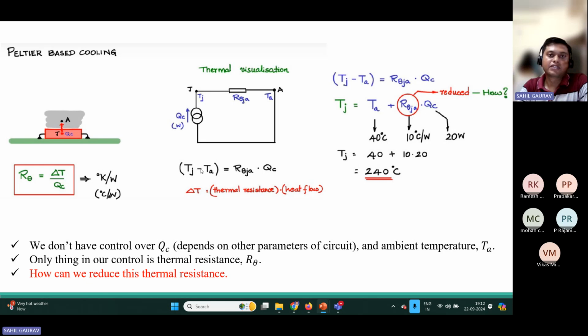If you make the circuit for this thermal effect, you have QC, the amount extracted from the cold body, and then the thermal resistance, and this is the temperature at junction, Tj, and the ambient temperature denoted by Ta. Both temperatures are denoted as nodes. If you write the equation for this thermal model, then Tj minus Ta equals R thermal resistance times the amount of energy extracted.